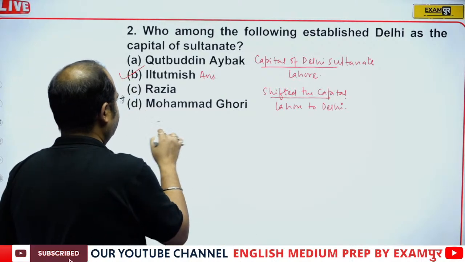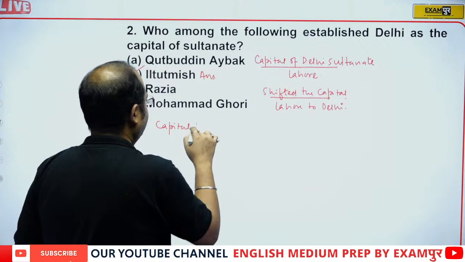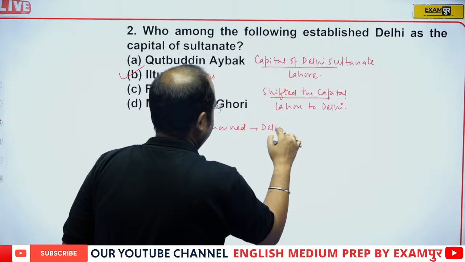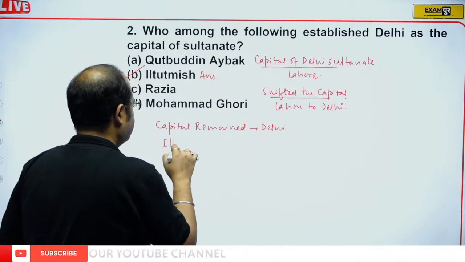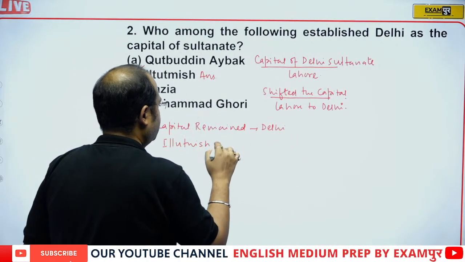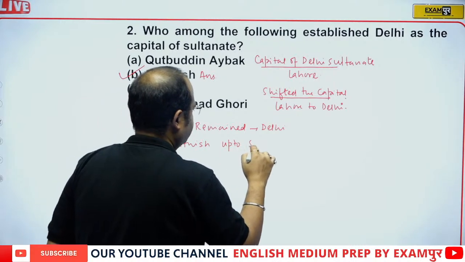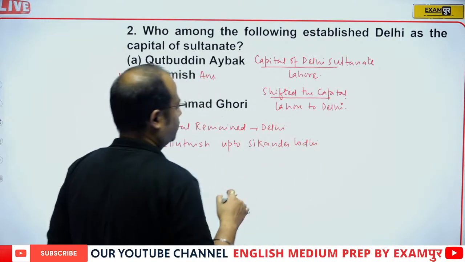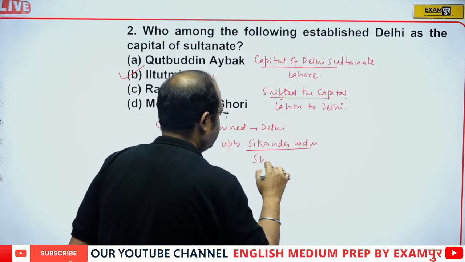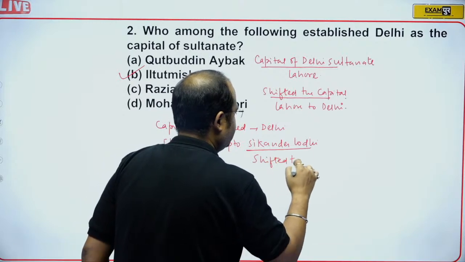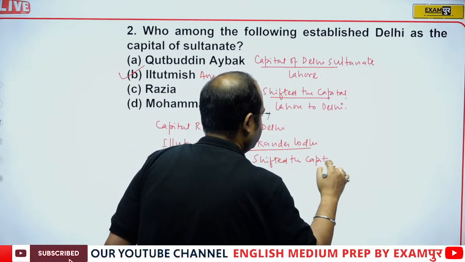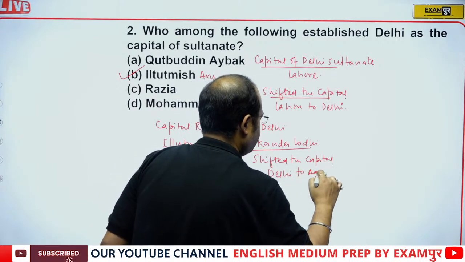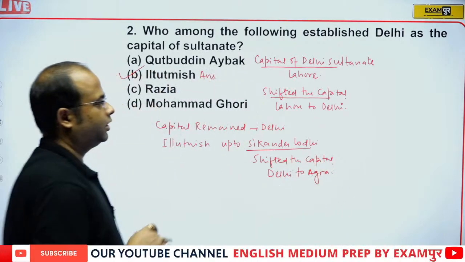Actually, the capital remained in Delhi from Iltutmish up to Sikandar Lodi, because Sikandar Lodi shifted the capital from Delhi to Agra, because he was the founder of the city of Agra.